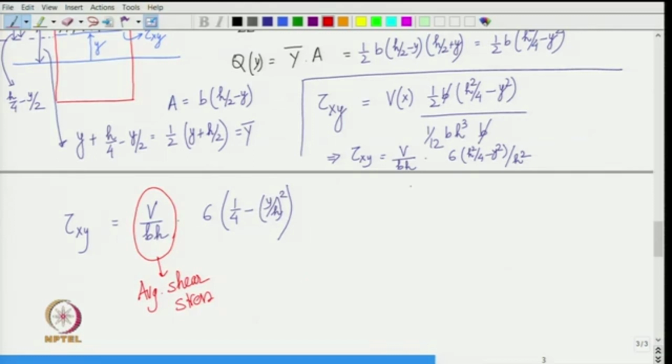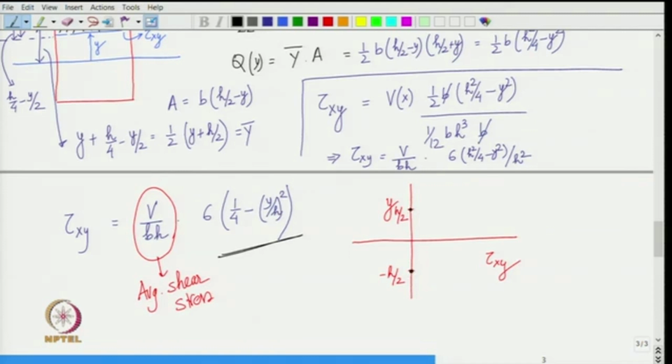Let us try to see this distribution. So, suppose this is the y line, and here we have tau x y. So, y line goes from minus h by 2 to h by 2, right. Now, you plug in y equal to h by 2, what do you get? You simply get tau x y equal to 1 by 4 minus 1 by 2 whole square, which is 0. So, at y equal to h by 2 as well as at y equal to minus h by 2, this formula tells me that tau x y is 0.